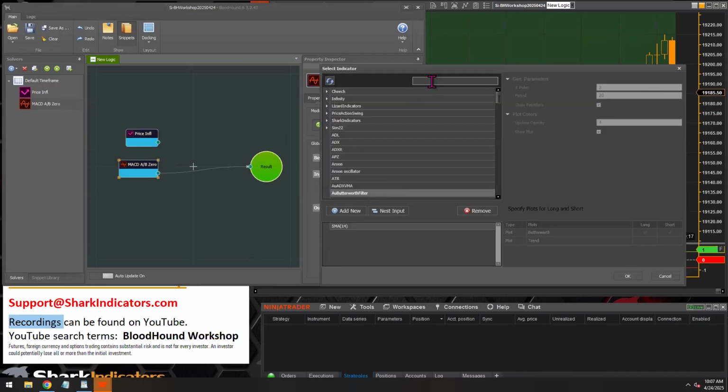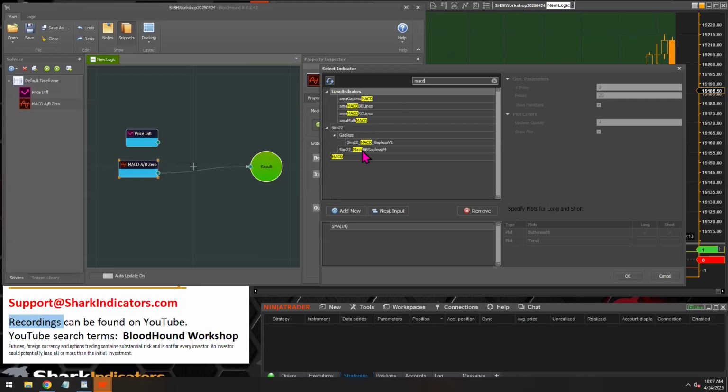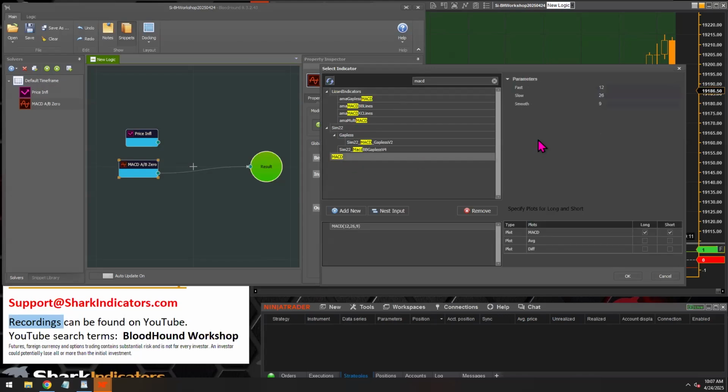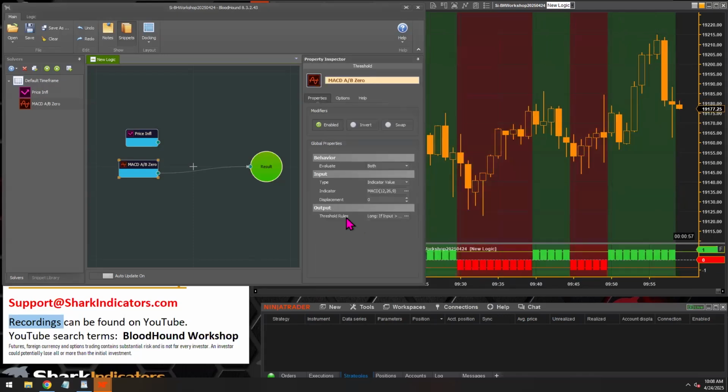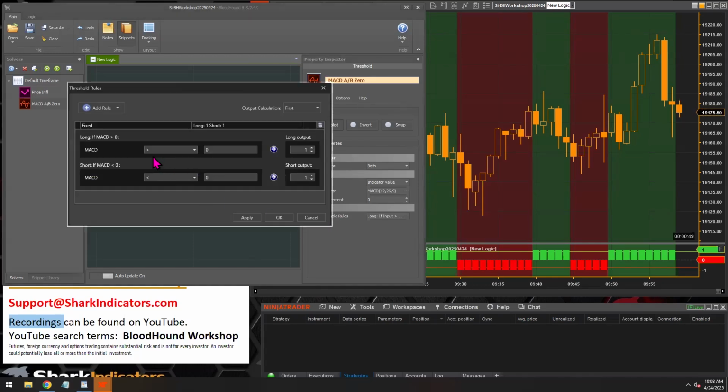Let's search, filter out the MACD. There it is. I'm going to use the standard settings and the actual MACD plot, so whenever the MACD plot itself is above or below 0. I don't need to change the threshold rules; the default settings are good enough.